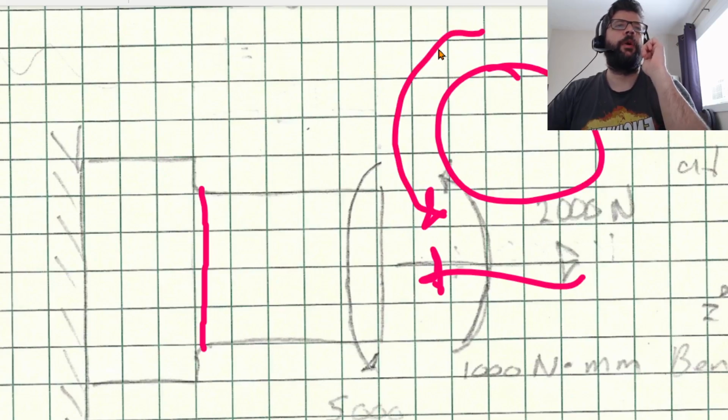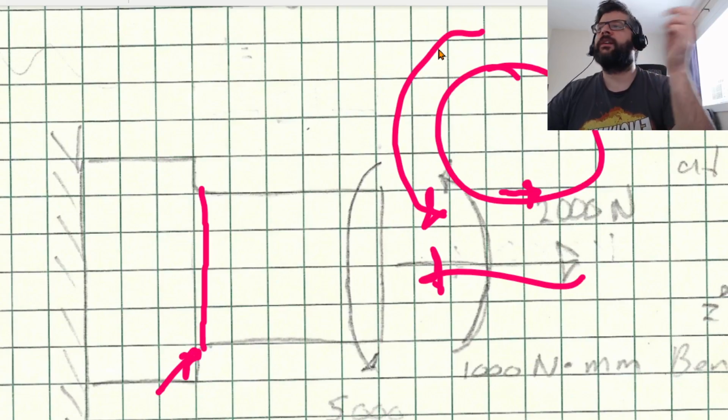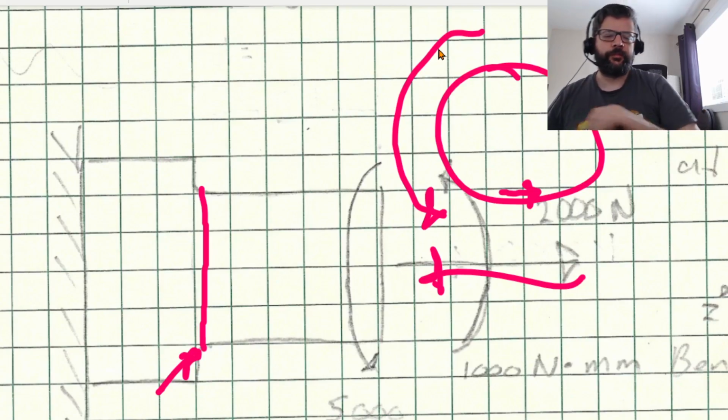At the bottom, that torque is going to be pushing in this direction. So on this view, coming at it from the side, that'd actually be a ZX shear.